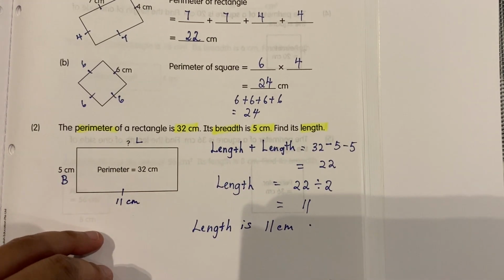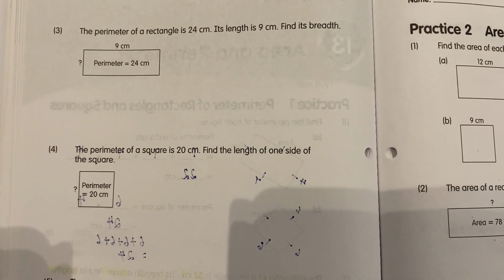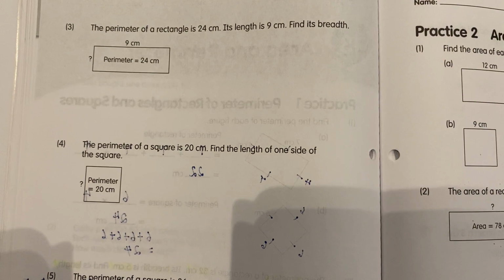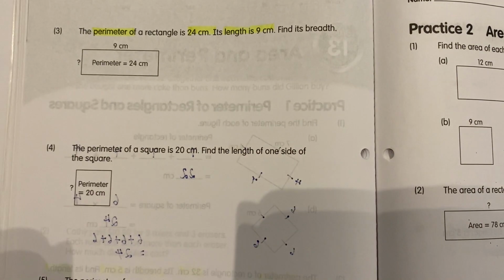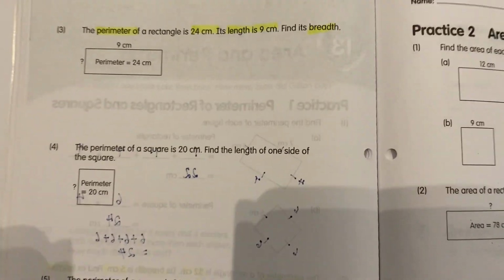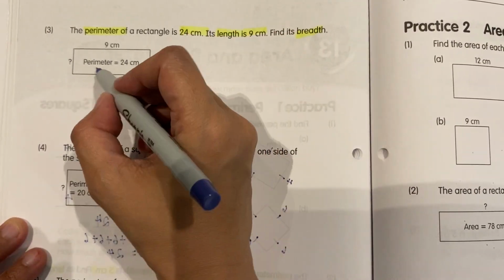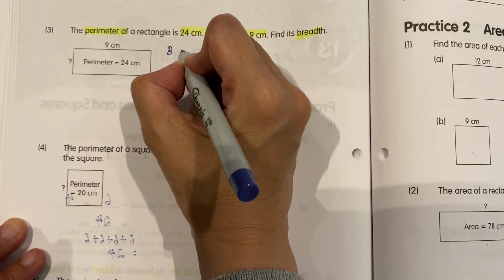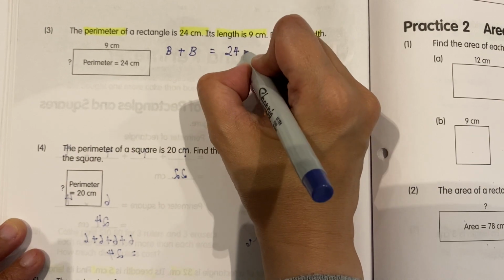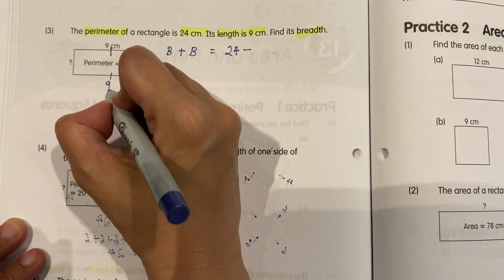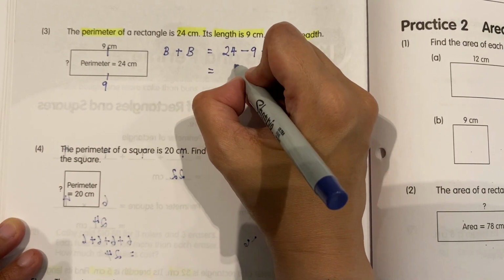Next, the perimeter of a rectangle is 24. The length is 9, find the breadth. So you have the breadth and the breadth: breadth plus breadth equals your perimeter, 24, minus the length, which is 9, here is also 9, minus 9 minus 9, so that will give you 6.